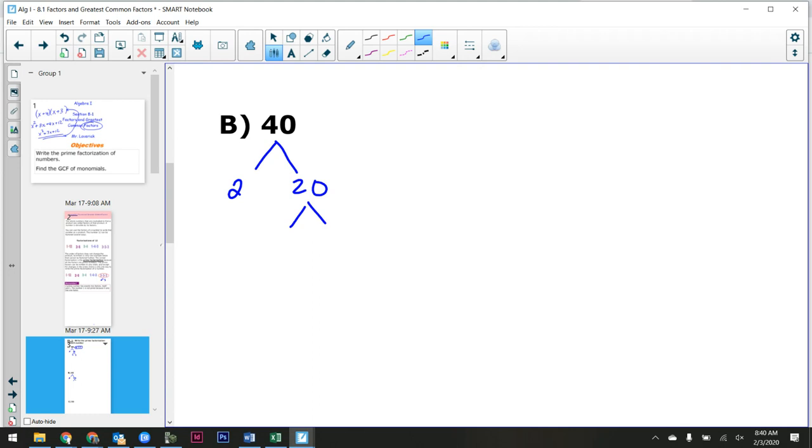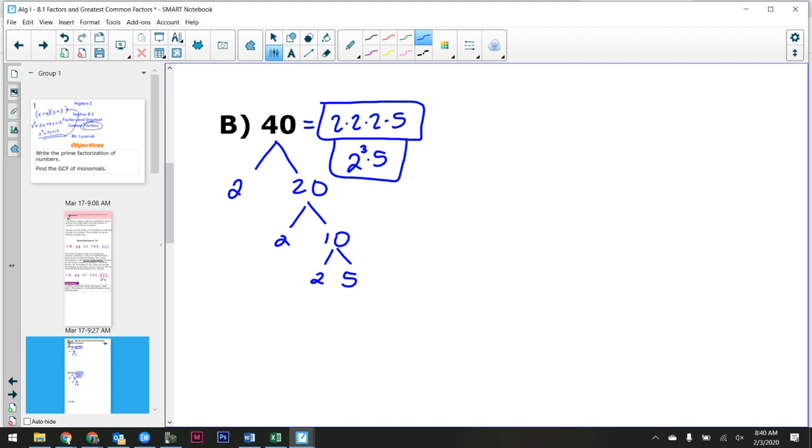Factors of 20, 2 and 10. Factors of 10, 2 and 5. So therefore, the prime factorization of 40 is 2 times 2 times 2 times 5. If you wanted to write it this way, 2 to the 3rd times 5, that's just as good.